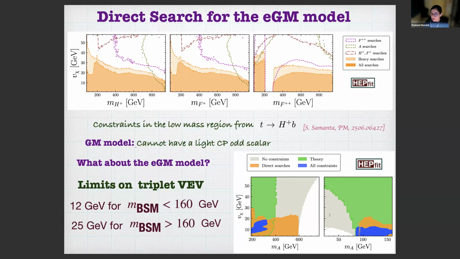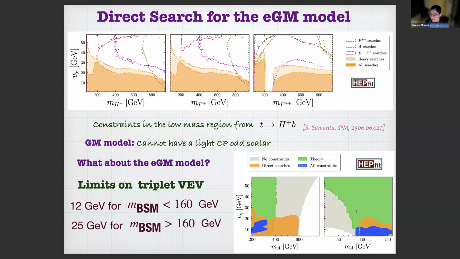you can see that from the sampling you cannot reach the allowed parameter space. Basically, it's the gray region from the sampling itself, and when you put the unitarity constraint, the theory constraint, on that allowed parameter space, you cannot actually reach less than 80 GeV for the CP odd scalar.